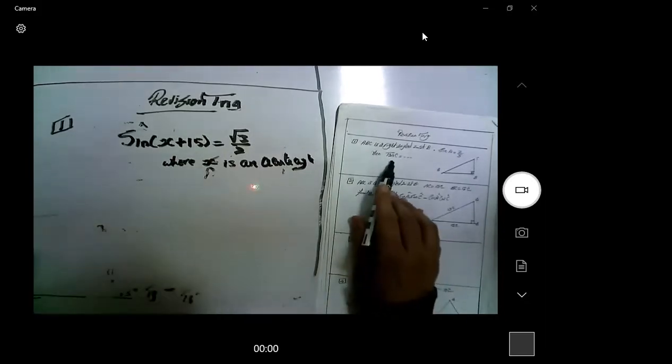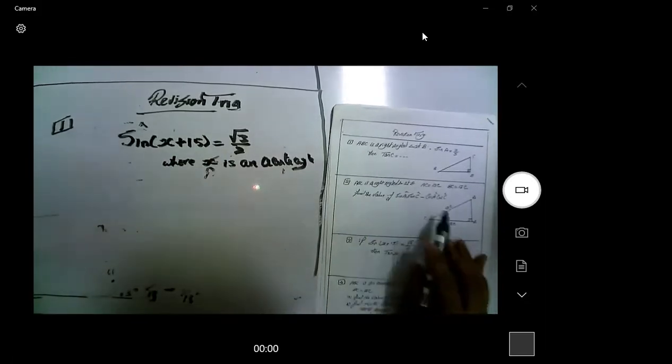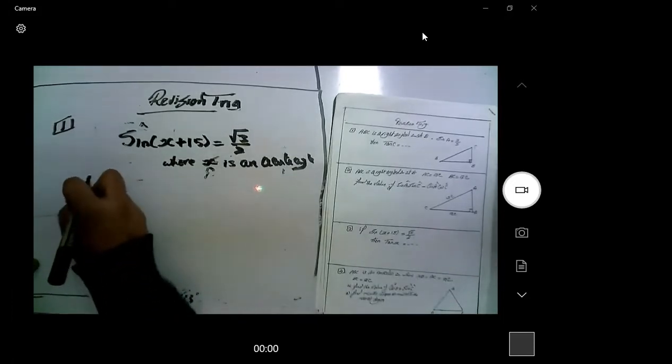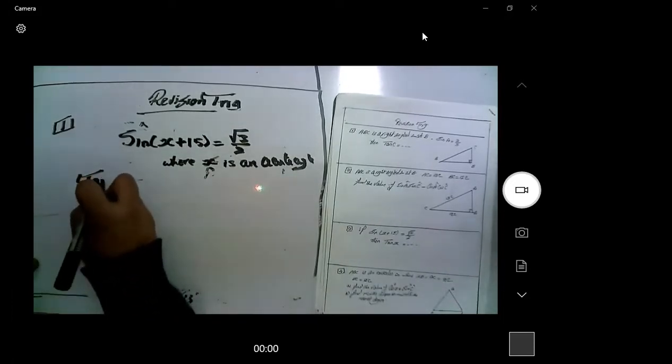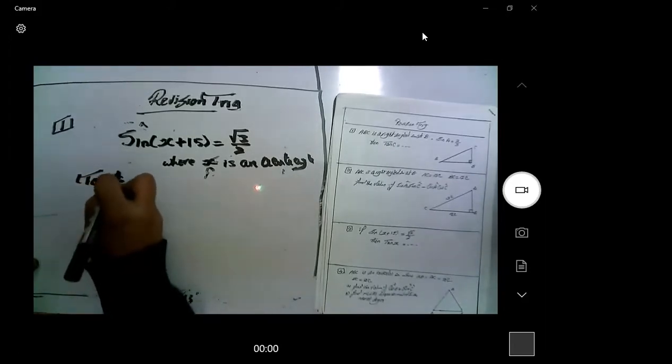The question is to get tan angle x. This is the question. Sine of x plus 15 equals root 3 over 2. We will get the measure of x plus 15.